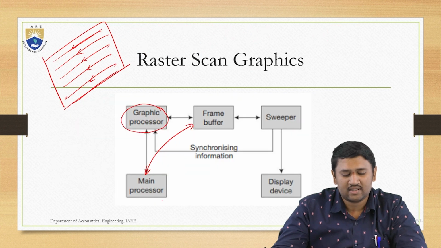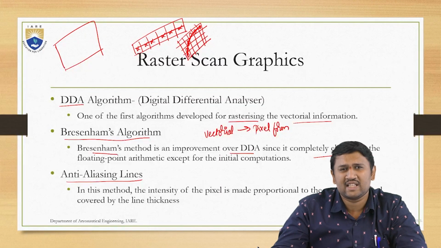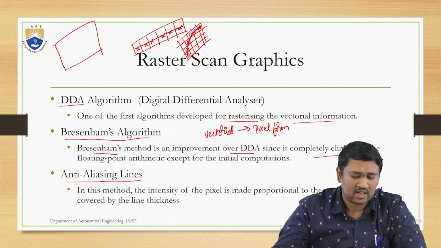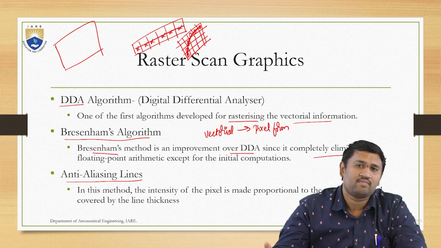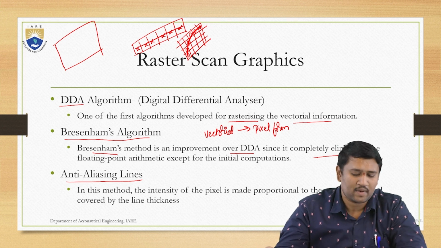Now, Bresenham's method needs more computational time. So in order to apply this algorithm, the TVs or any display units must have more computational power to maintain that picture quality over a period of time.